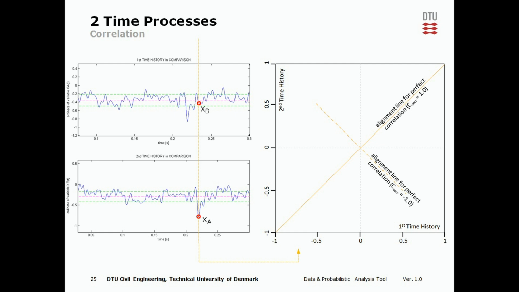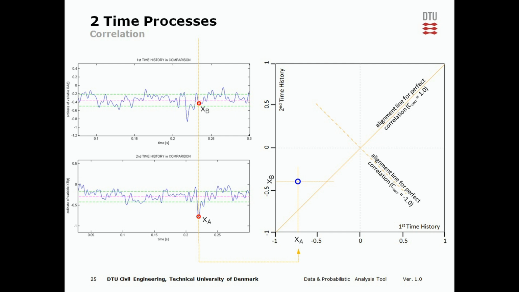So if we now use these two ordinate values as coordinates, then we can say that the correlation between these two data sets at that particular point leads to a particular position of, let's say, that combination on this graph.